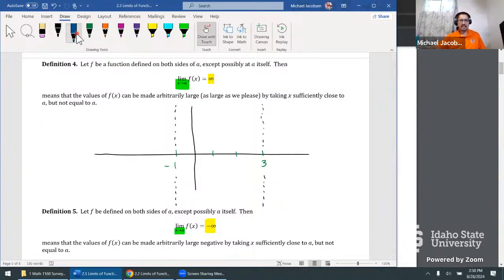I haven't graphed anything just yet, but let's put down the actual curve for f of x. Let's let it go this way. Looks like a typical kind of function you might see in a pre-calculus class. Let me try to make it a little bit nicer on the right end.